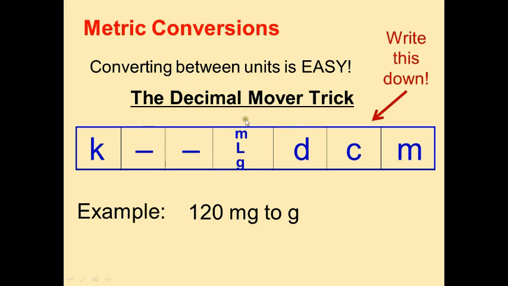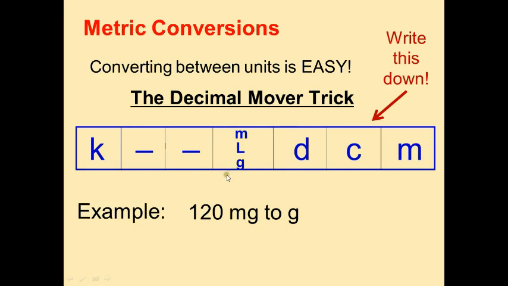These are the base units, so M is for meter, L is for liter, G is for gram. Then the D stands for deci, which is a tenth, centi, which is a hundredth, and milli, which is a thousandth. These are all prefixes except the middle, which is just a base unit.